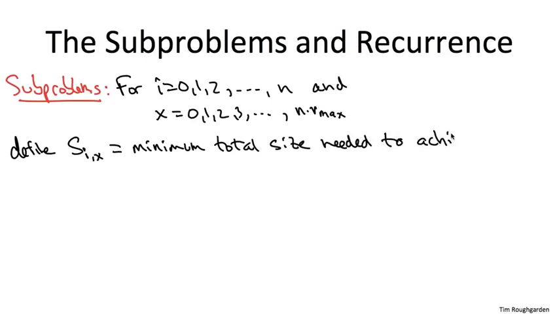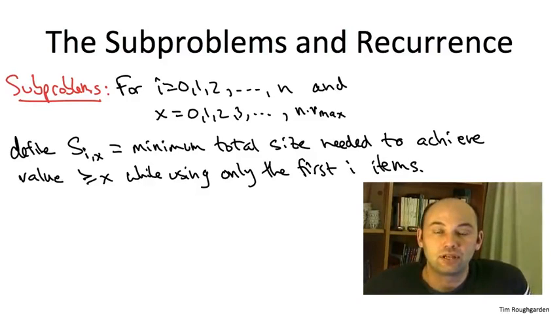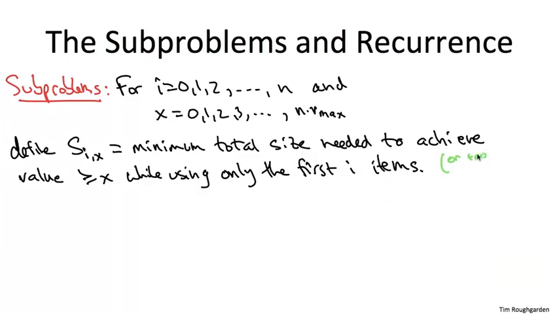So that is the minimum weight, the minimum total size that is sufficient to achieve a total value of x or more while being restricted to using just the first I items. If there is in fact no way to get the target value of x using just the first I items, that is if the sum of the values of these items is already less than x, we just define this to be plus infinity. So let's write down the natural recurrence.